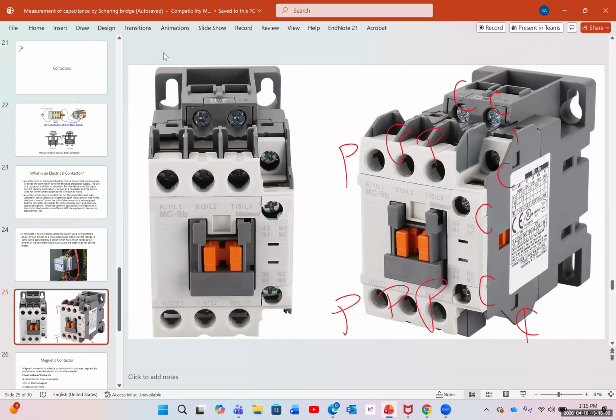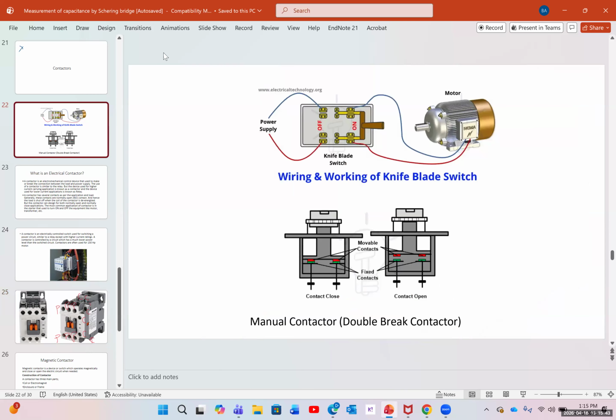You may ask, why do we even need contactors? Why don't we just use a manual switch? Why do we go through the trouble of designing these contactors, which are 10 times more expensive than a blade switch? And with a contactor, you need a stop-start switch.